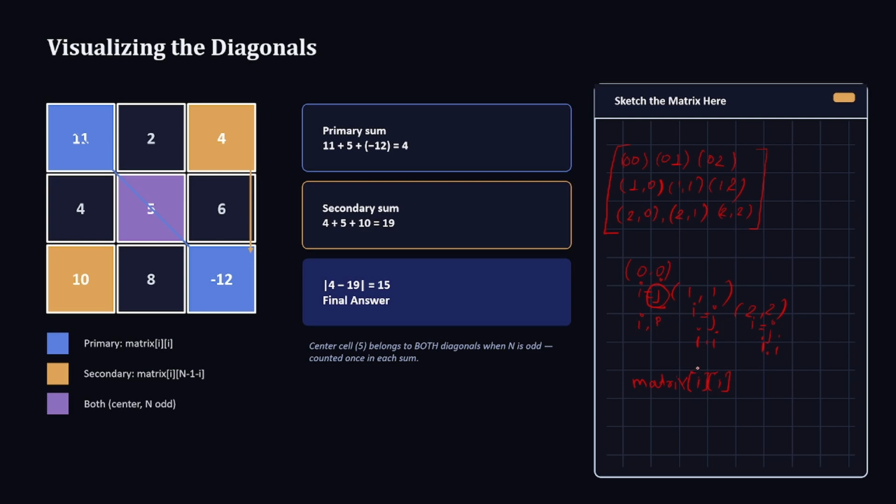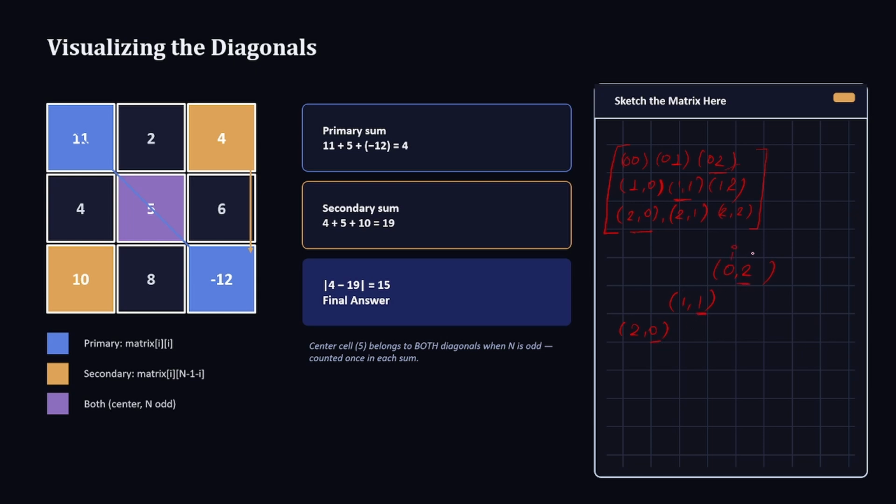So now we can visualize the secondary diagonal elements. Now let's look at the secondary diagonal. The secondary diagonal is 0,2, 1,1 and 2,0. These are the indices of the secondary diagonal elements. Can you notice something here? The columns are 2, 1 and 0.